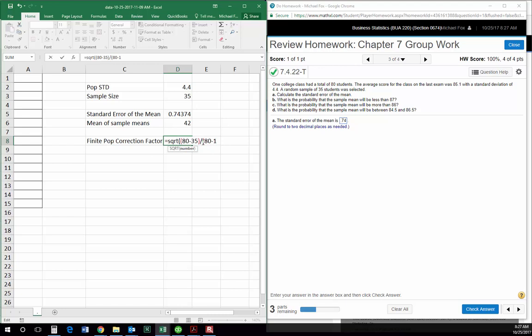So that's the finite population correction factor. In order to find the standard error of the mean, we take the calculated standard error of the mean, which we did right here, and we multiply it by the finite population correction factor.